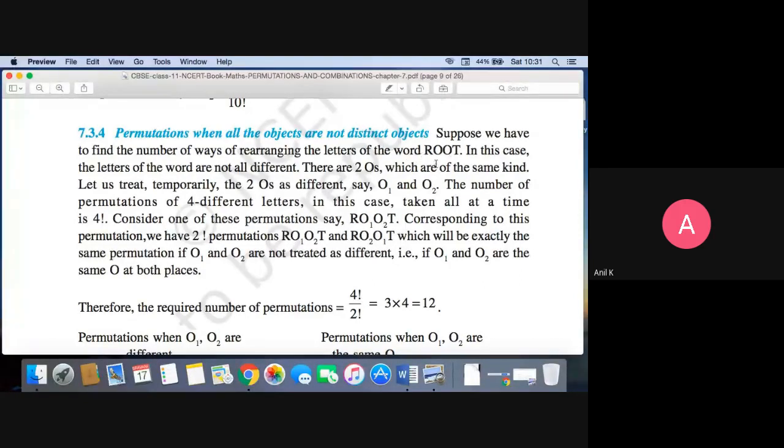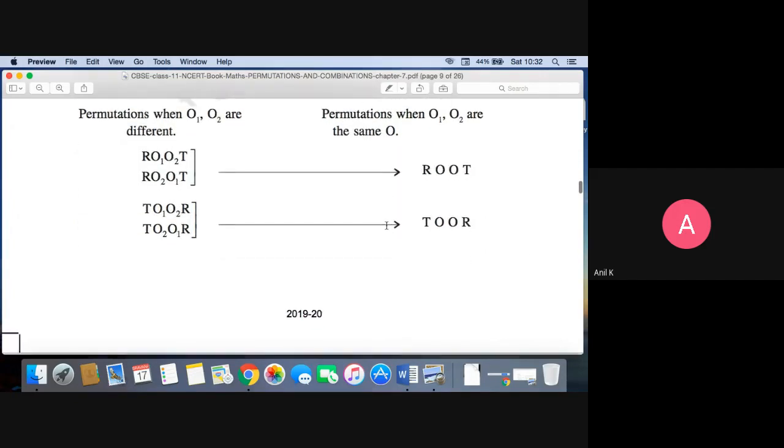So what they have done is, for the first O they have given O1, and for the second one they have given O2, that means R, O1, O2, T. This 1 and 2 represent the first O and second O. Now, for example, when I want to make the 4-letter words from the alphabets of root, R, O1, O2, T, or maybe I'll write R, O2, O1, T, that means I interchange the position of the O's.